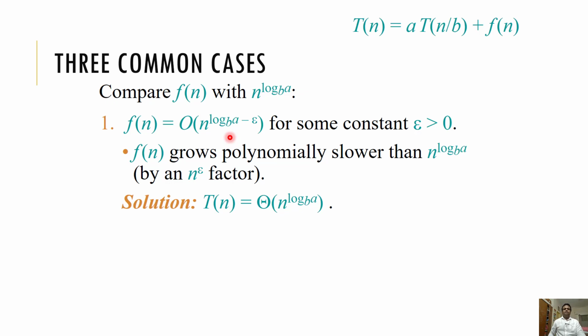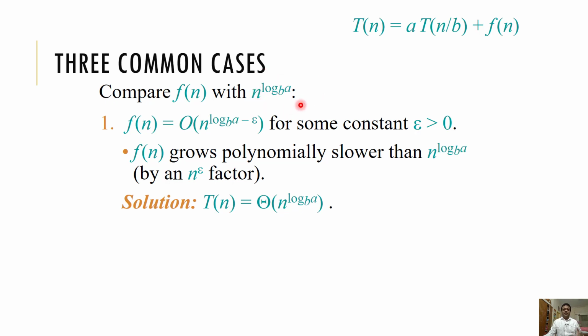So, based on these two values we will compare. What are these two values? Basically, this is the cost for combining once we have a solution for the sub problems, and this is the cost for recursively solving those sub problems.